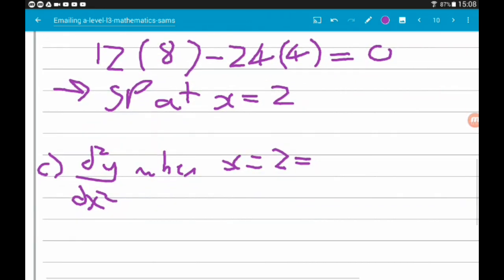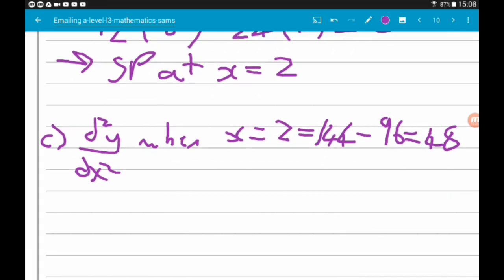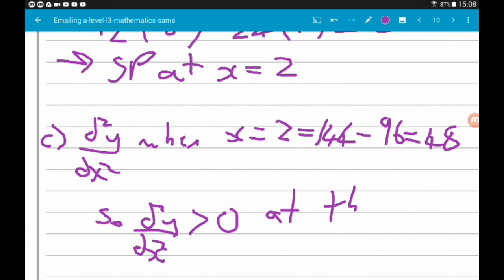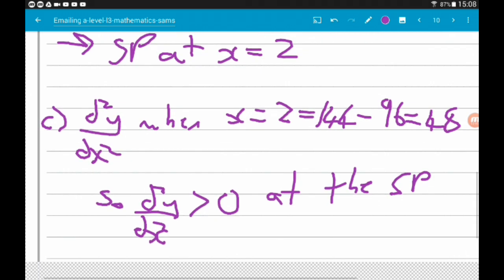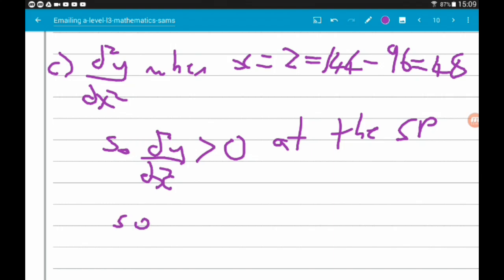So that gives us 144 minus 96, which is equal to 48. So the second derivative is greater than 0 at the stationary point, so it's a minimum. Cool.